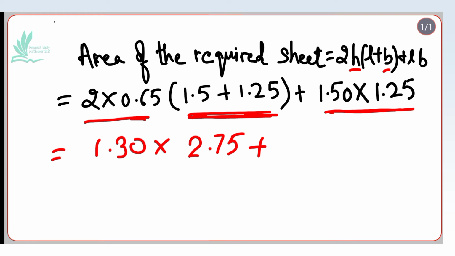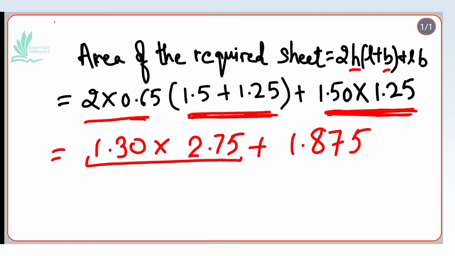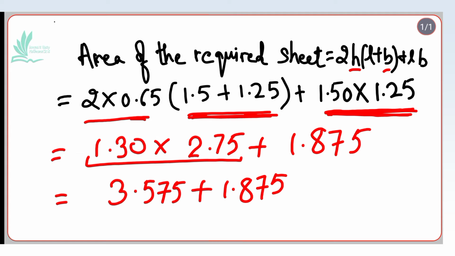Again the sign of plus, then multiply 1.50 with 1.25, which gives us 1.875. Now again, first of all, do this multiplication according to the BODMAS rule. It gives us 3.575, and add 1.875 to it. And finally, we get the answer 5.450 meter square.